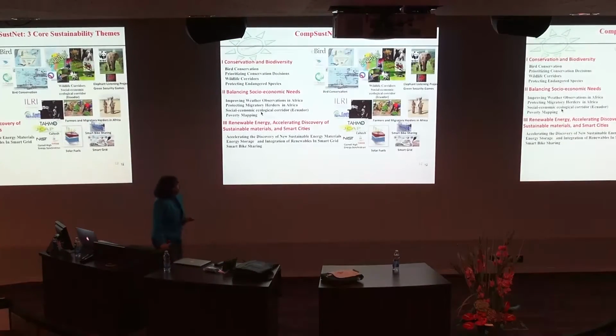So, this network really, we have problems across three core sustainability themes: conservation and biodiversity, balancing socioeconomic needs, for example, poverty, etc., and also renewable energy and discovery of new sustainable materials.